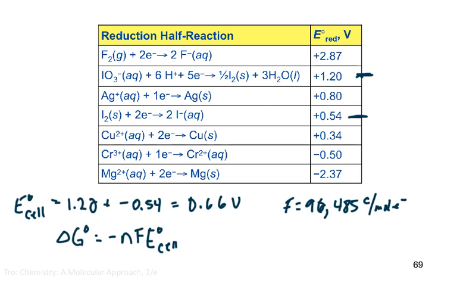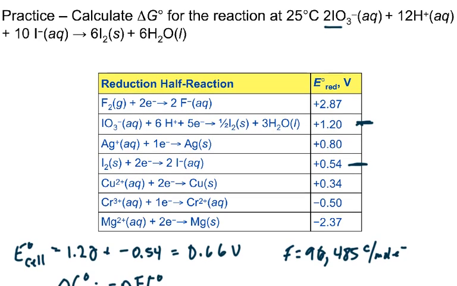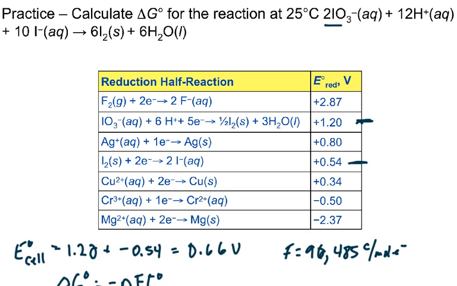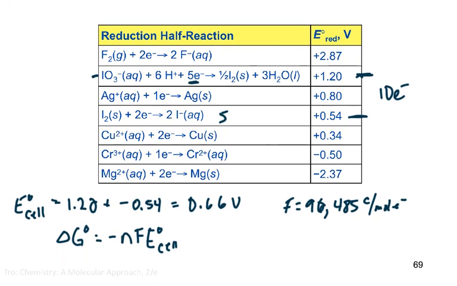Then we have to figure out how many electrons were transferred. We multiplied this reaction by 2, or we can look at our other equation here. Where's my I minus? I have 10 I minus, so I multiplied it by 5. So again, I'm transferring 10 electrons.